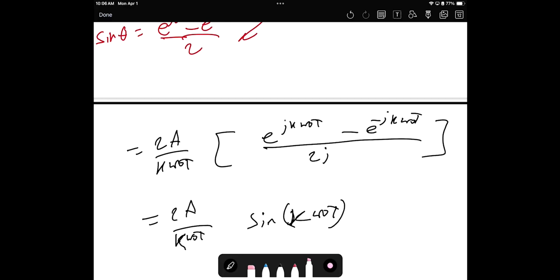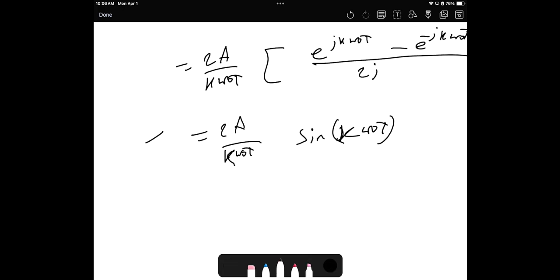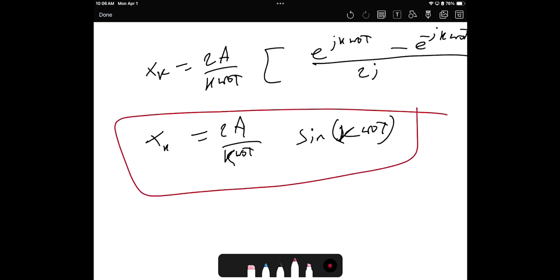So it will be 2a over k omega naught T sine k omega naught tau over 2. That's x sub k. Okay? Now we can simplify it more. I mean, here we should be done, but I'm going to simplify it more.